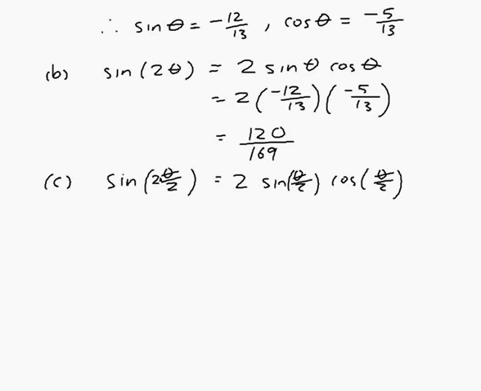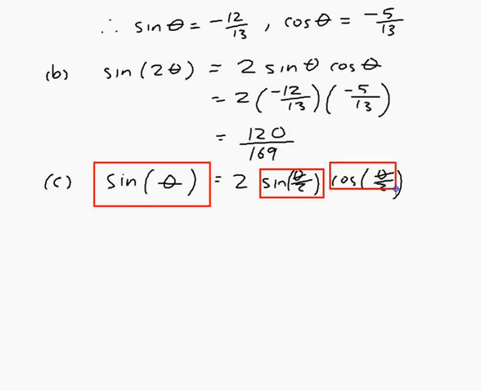Which would be good, because I need to know what sine theta on 2 is. And I know what sine 2 times theta on 2 is, because it's really just sine theta. So I could rearrange it, only I need to know what cos theta on 2 is, and I don't.